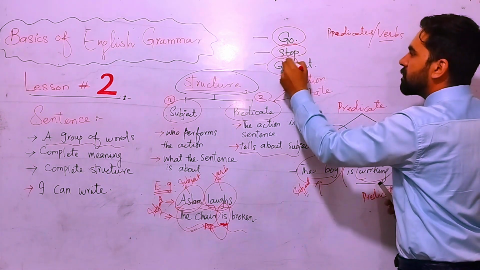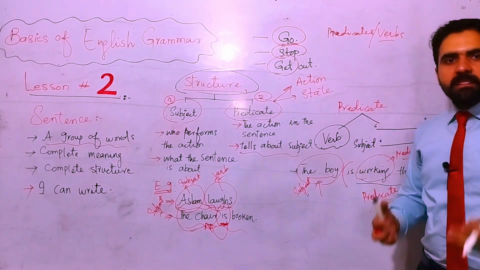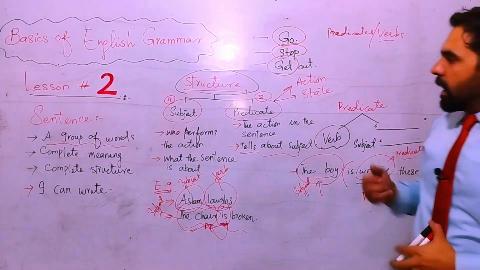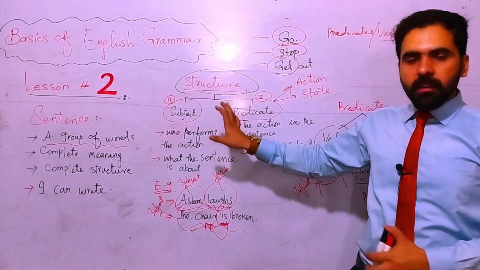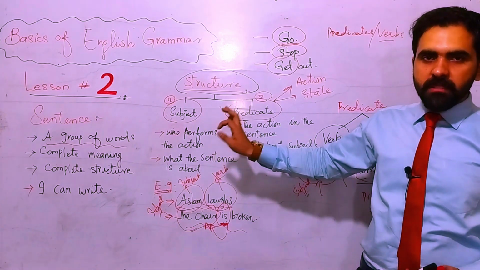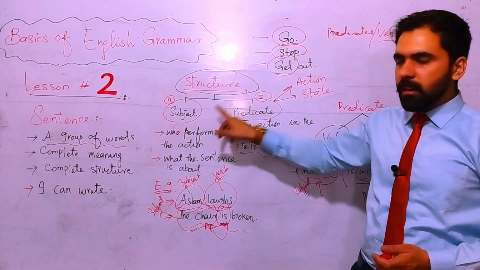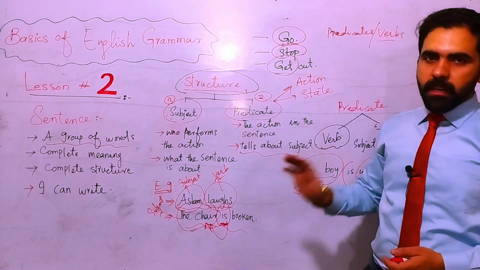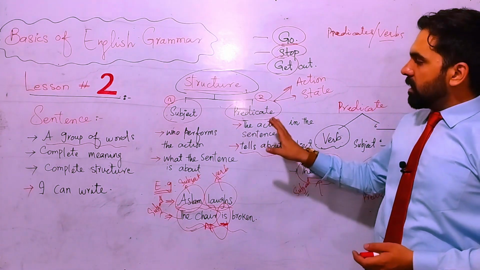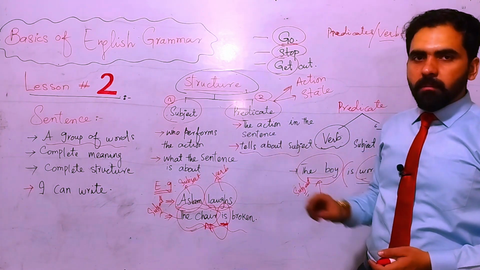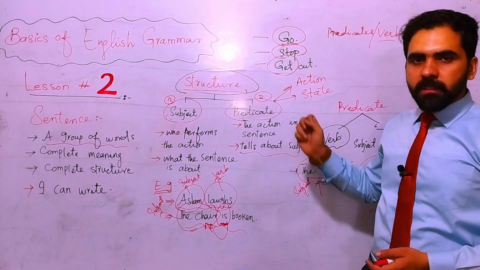And all these words are complete sentences in their own right. So we can say that in the basic structure of a sentence in the English language, you must have two things. The first one is subject and the second one is predicate. Or sometimes sentences can also be written excluding the subject, but the predicate is a must.